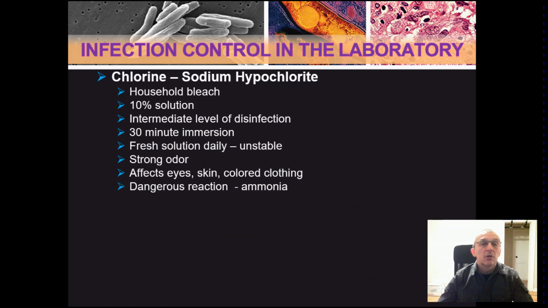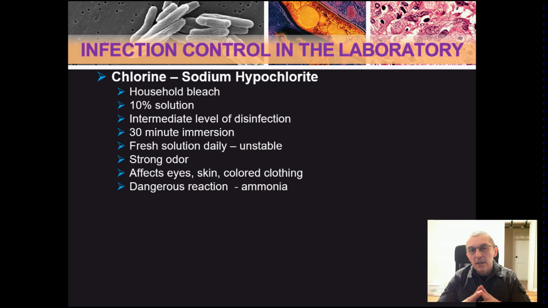The next one is chlorine or sodium hypochlorite. This is your basic household bleach. It usually comes in 10% solution. It's an intermediate disinfection. In 30 minutes it will disinfect your instruments.